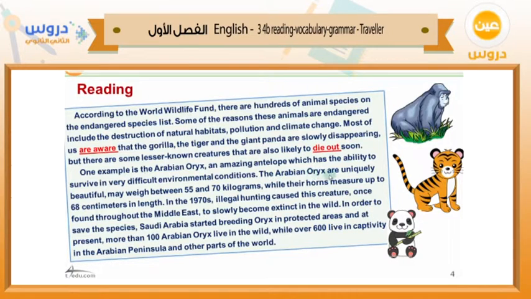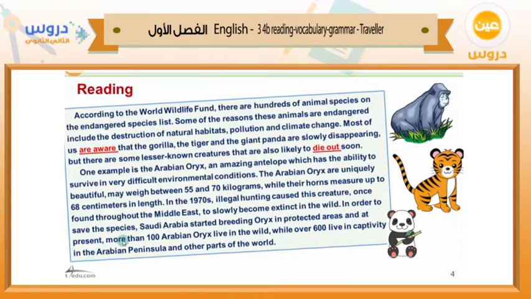The Arabian oryx are uniquely beautiful, may weigh between 55 and 70 kilograms, while their horns measure up to 68 centimeters in length. In the 1970s, illegal hunting caused this creature, once found throughout the Middle East, to slowly become extinct in the wild. In order to save the species, Saudi Arabia started breeding oryx in protected areas.